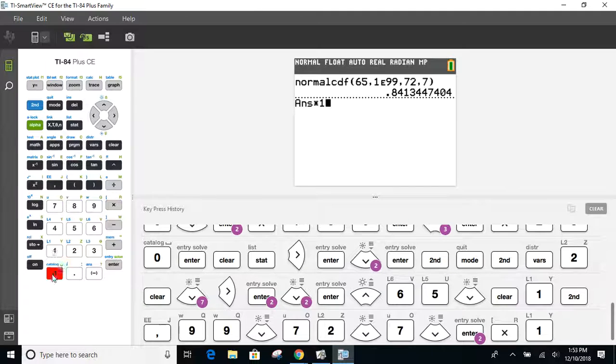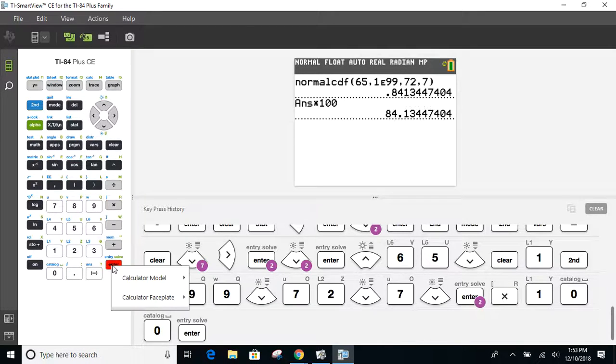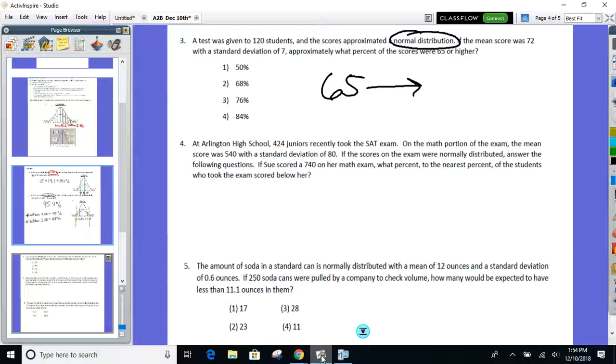So what percent scored above a 65? About 84%. Calculator does it for you.